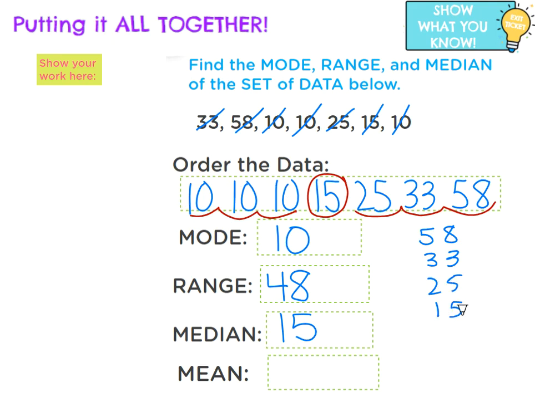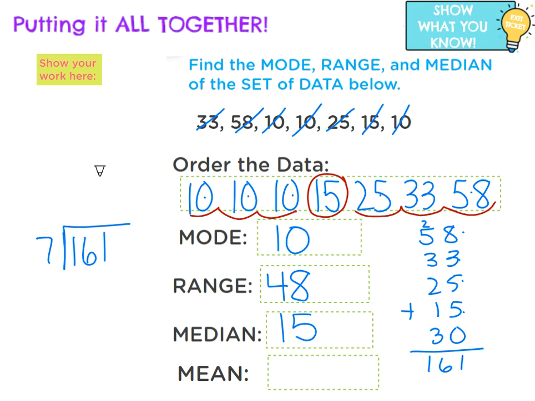I'm going to add these 10, 10, 10. I'll make that 30 just to make it a little easier. See, we have 10, 18, 21. Carry the 2, 3, 4, 5, 6, 7, 8, 9, 10, 11, 161. And I need to divide that by 1, 2, 3, 4, 5, 6, 7. I need to divide that by 7.